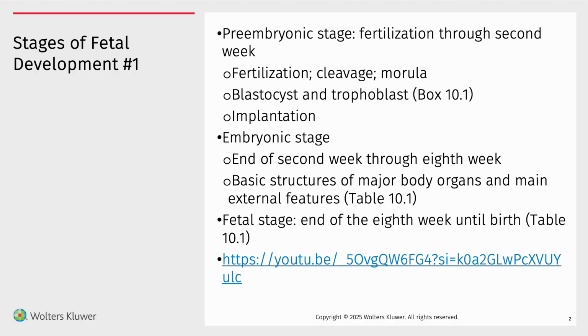At this time, the embryo is highly vulnerable to teratogens. Teratogens are things like alcohol and certain medications. Major milestones include development of the neural tube, limb buds, and the heart.